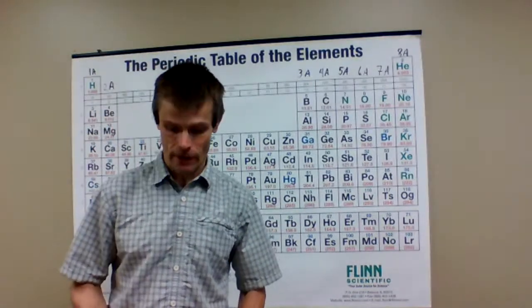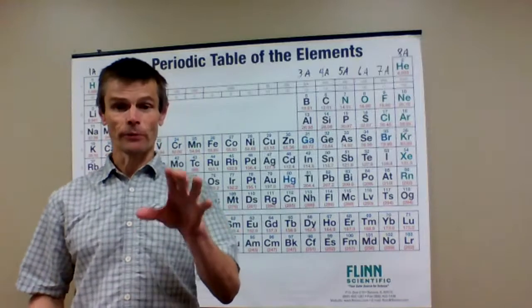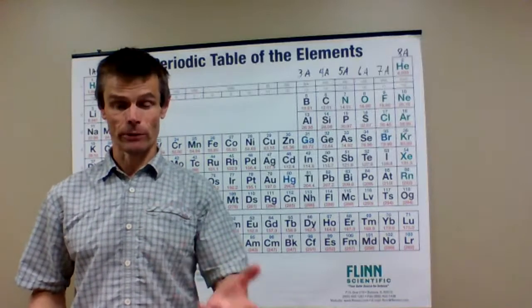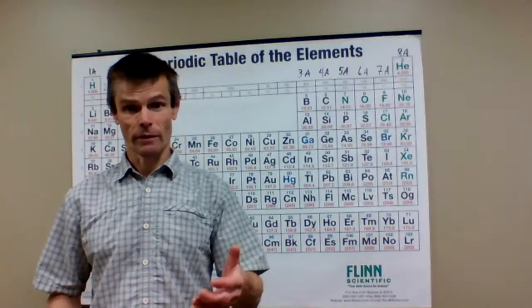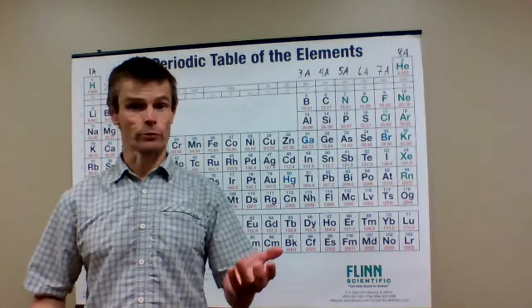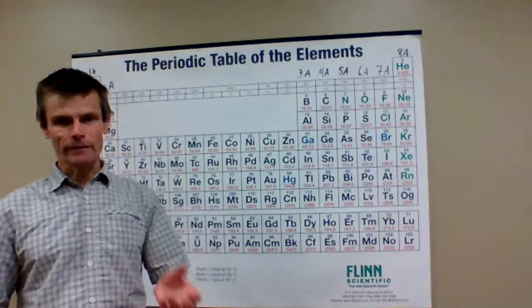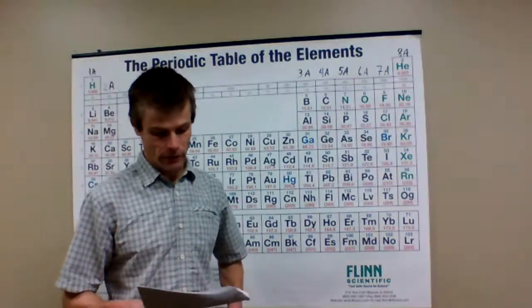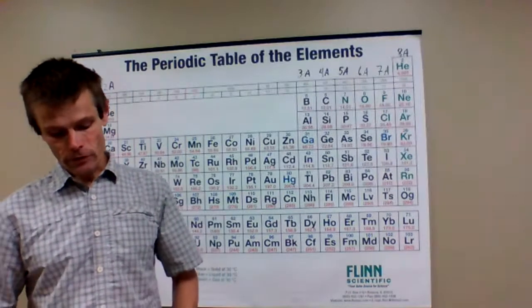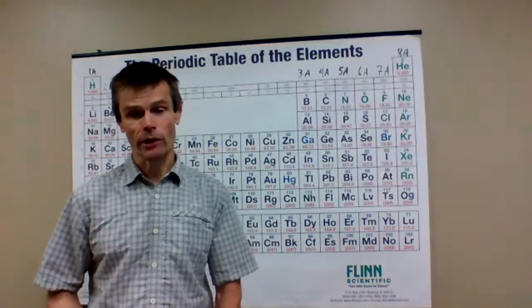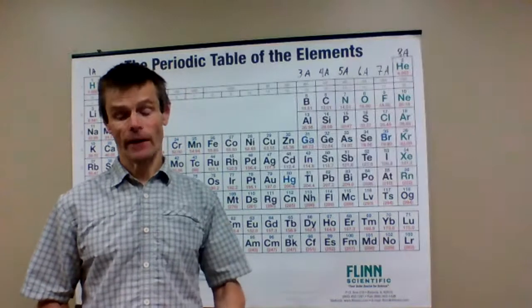Early to mid 1800s. And remember, this is before the discovery of subatomic particles. Remember, the first person that was studying those was J.J. Thomson, 1890s. So earlier than that, scientists did recognize that certain properties of elements occur in a repetitive fashion.